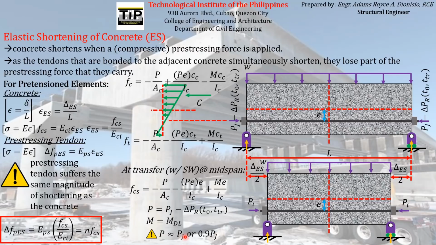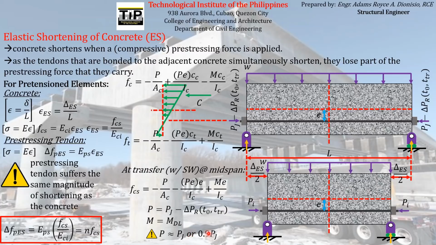If we can approximate this P as approximately equal to the jacking force, meaning we can assume that the pre-stress loss due to the relaxation of the pre-stressing reinforcement is approximately equal to zero, therefore P is just approximately equal to P sub J. We can estimate the magnitude of P equal to that, approximately equal to the jacking force itself.